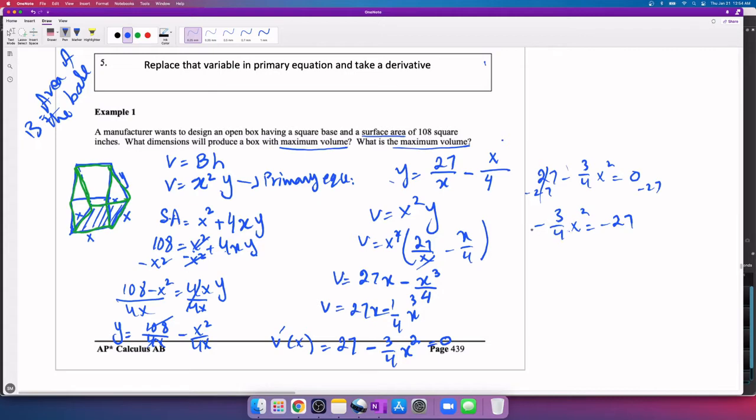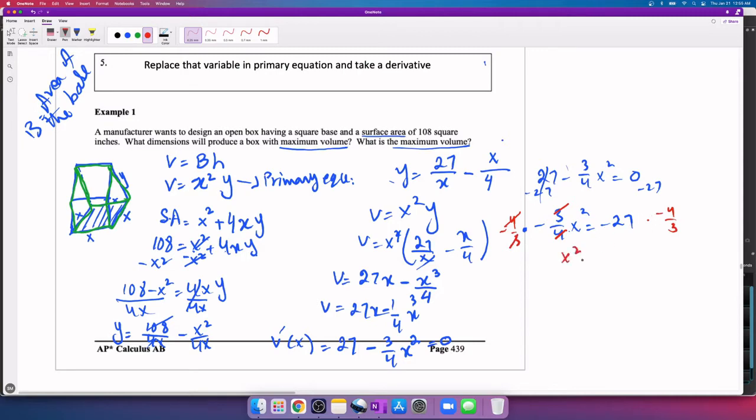So if I multiply both sides by negative 4/3, I did the reciprocal of it. You can also divide both sides by negative 3/4. You have to do the reciprocal anyway. So they cancel out. This is negative, negative turns positive. And this one negative, negative, positive.